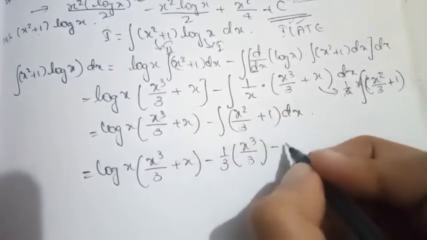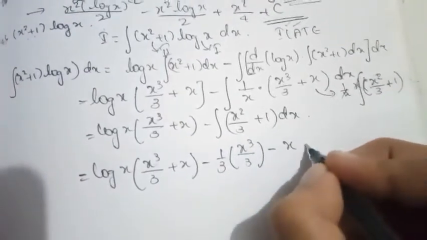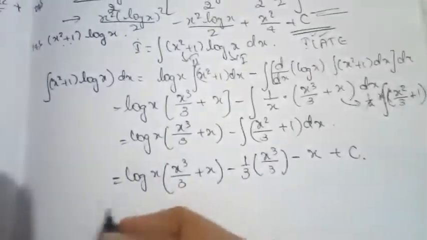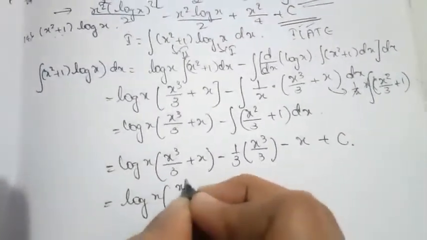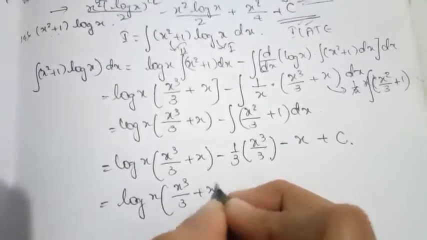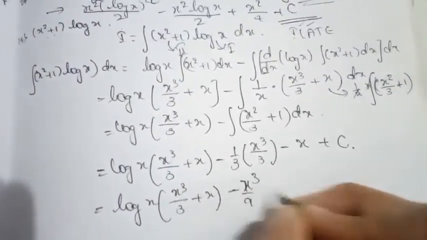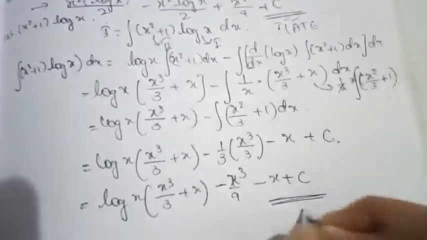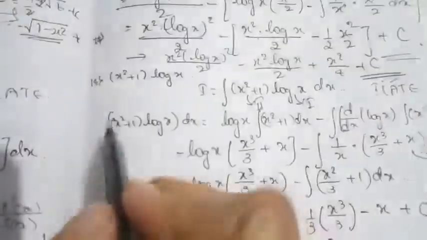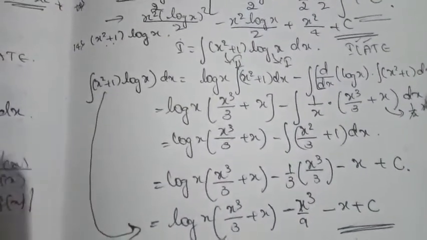Again this minus is carried out. Integration of 1 with respect to x is x plus c. So now what is the final answer? Log x into x cube by 3 plus x, minus x cube by 9, minus x plus c. So this is the integral of the given question, that is integration of x square plus 1 into log x.